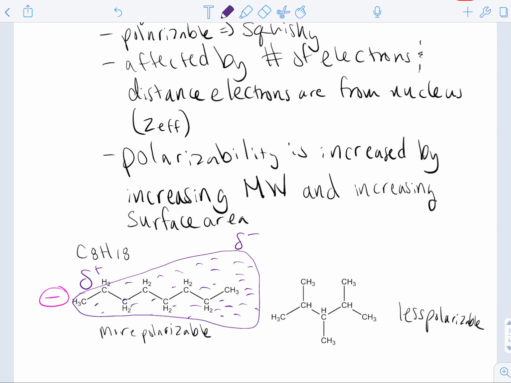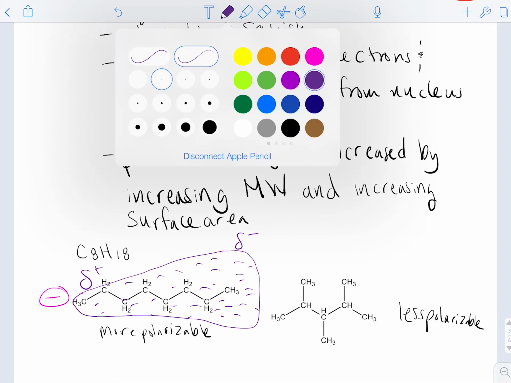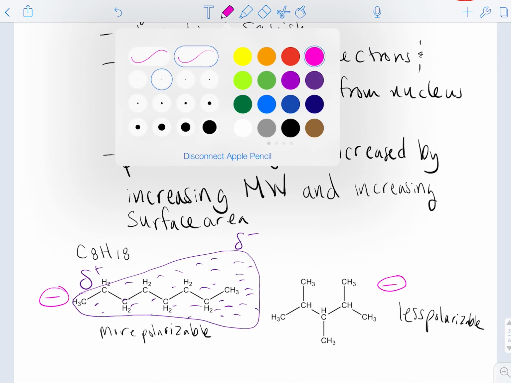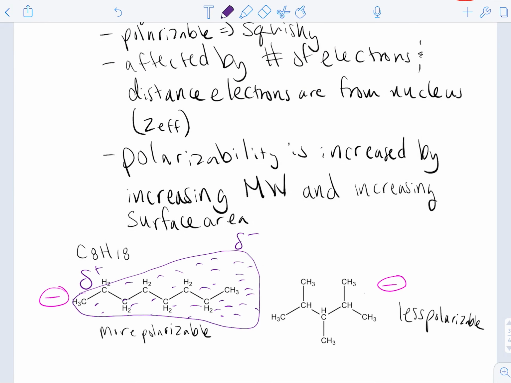On the right one, if we come in contact with a negative charge again, we can't push that electron density quite as far because our molecule is not as large. So it's still going to stay around the atoms, right? They're tethered to the atoms and can only push so far away from that atom. So even though we still have a negative charge interacting with the same number of electrons, they're not able to push as far away from that negative charge, so that partial charge is not going to be as great.